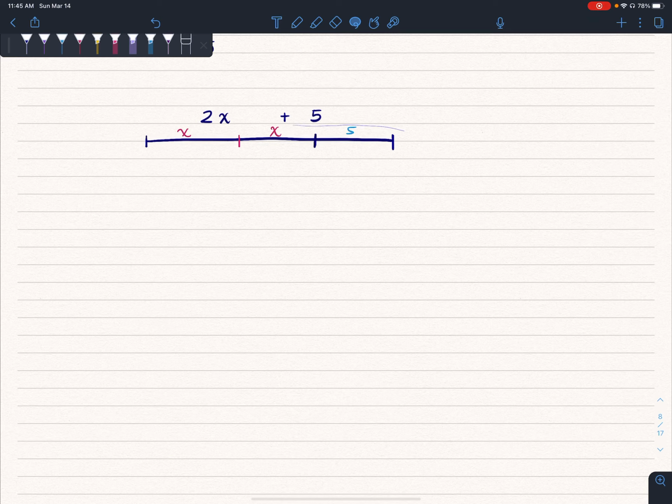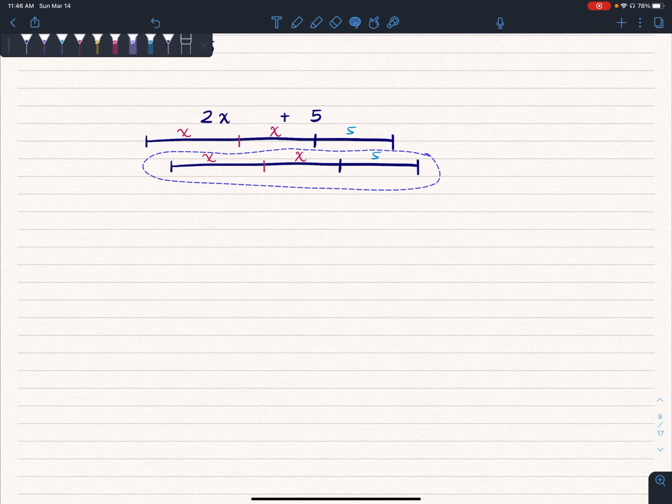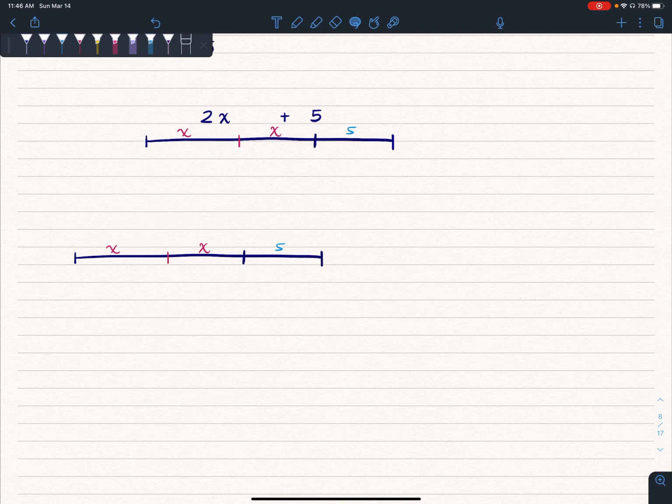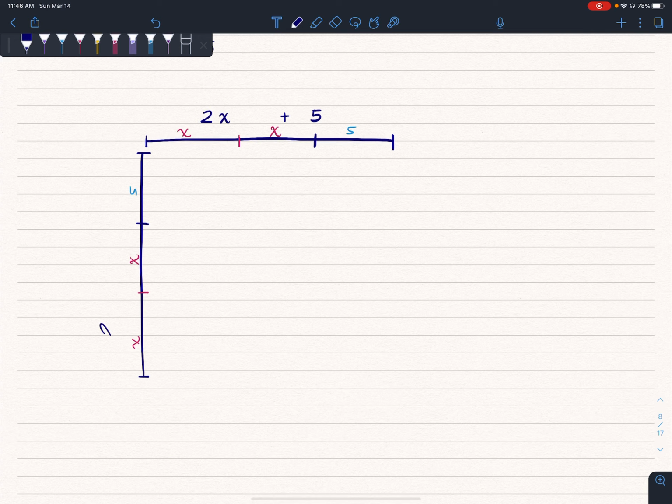And then I take this whole thing and I multiply it, right? And multiplying is what you do when you do area. So I also have this 2x plus 5 on this side.